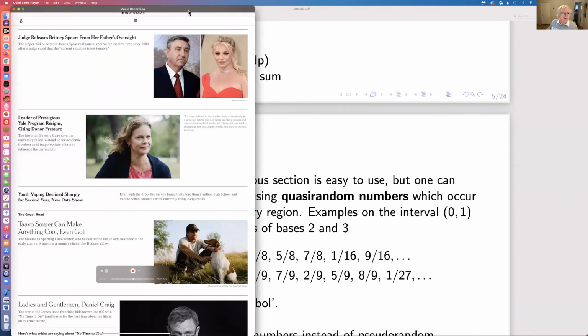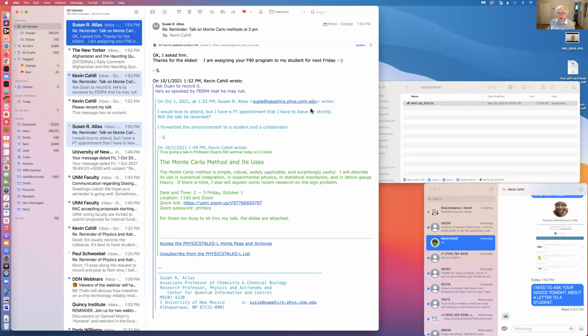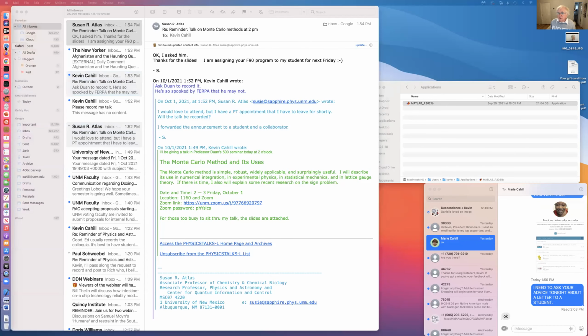Oh no, that's the New York Times. All right, let me just go here. Okay, 21 centimeter astronomy.